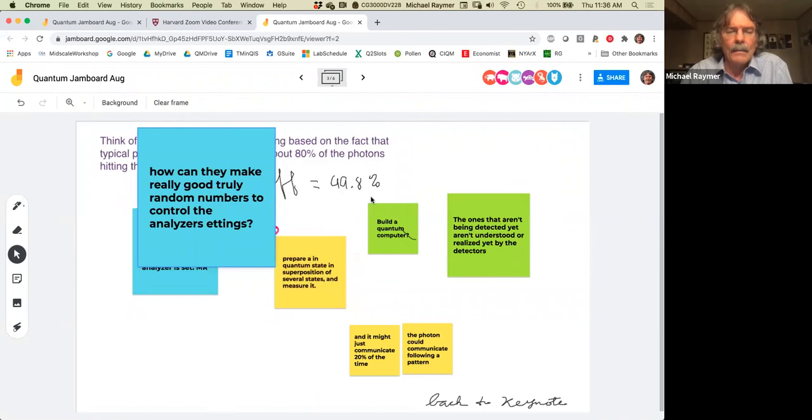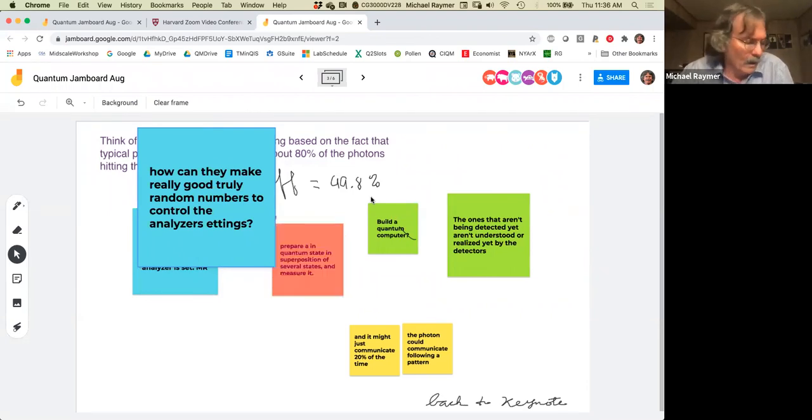Right. Prepare a quantum state in a superposition of several states and measure it. That's right. Or even if you prepare a photon in a single state, like V polarized, and then you measure it in the diagonal-anti-diagonal basis, you'll get a random result.